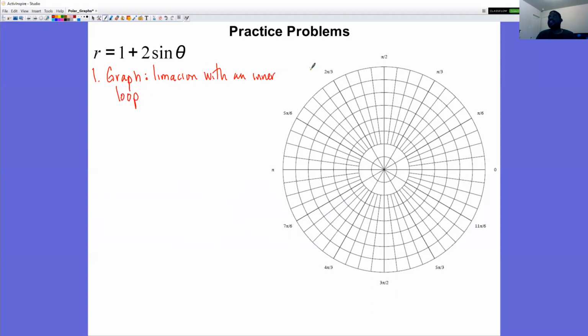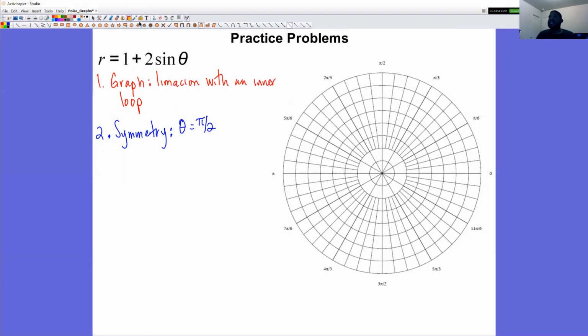I don't want to write too far into the graph. Need some room. Next thing we need to find is the symmetry. This is a function of sine alone, so it has symmetry with respect to the line theta equals pi over 2. So what I do is I draw a dotted line through pi over 2, so that way I'll know my graph is supposed to be cut in half through this line.